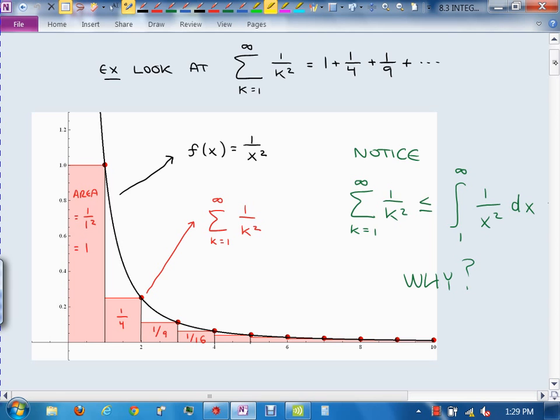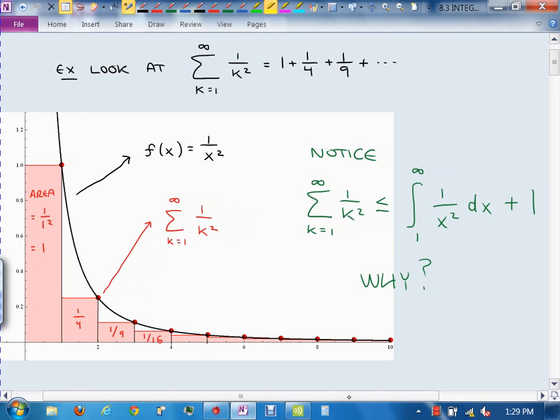Yes? But look at this. That sum of all those rectangles together is less than the integral of the black function from 1 to infinity plus 1. So where's 1? Right here? 1 goes up to here.